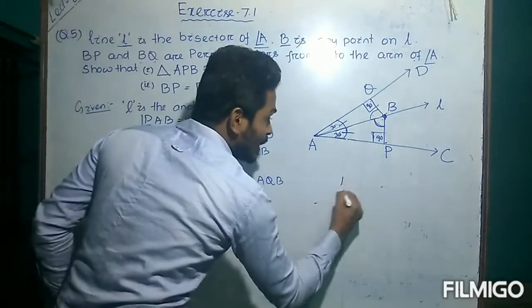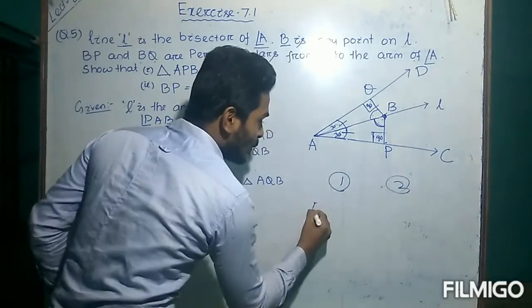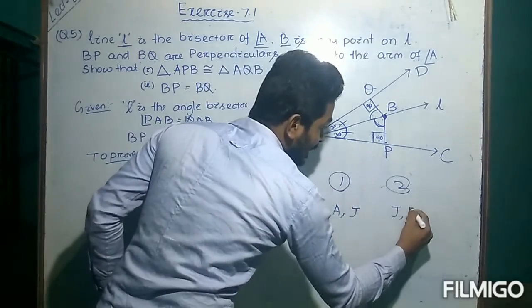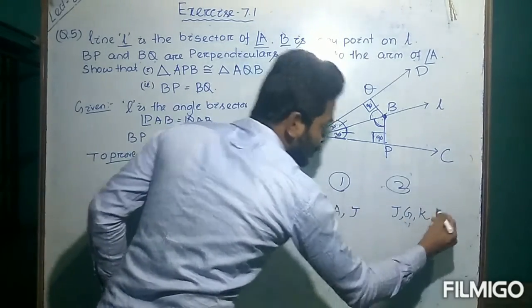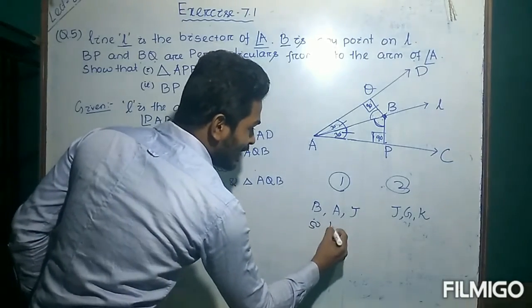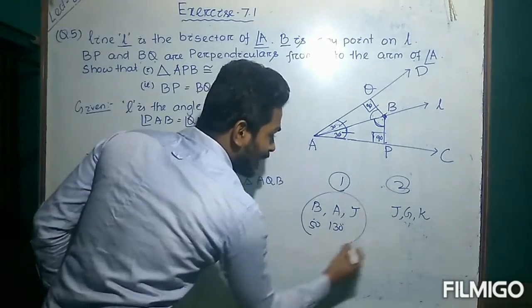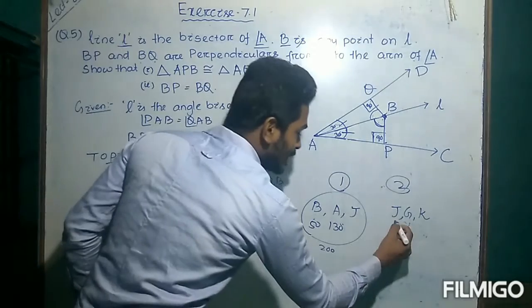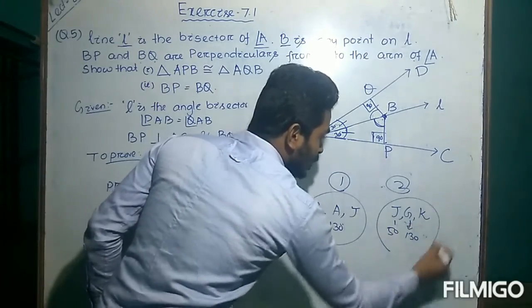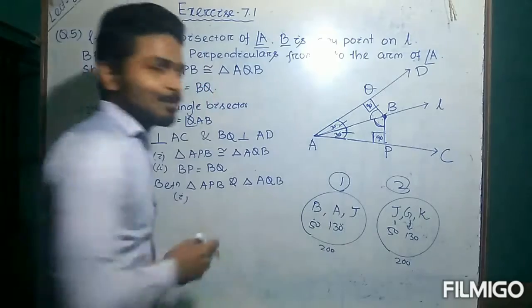I have taken two groups. Balam and Abhay, and Jyoti and Gautami. I have told you, if Balam has 50 rupees, Abhay has 130 rupees and the total is 180 rupees. Similarly, Jyoti has 50 rupees, Gautami has 130 rupees and the total is 180 rupees.